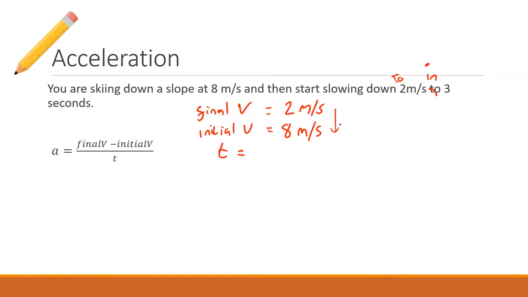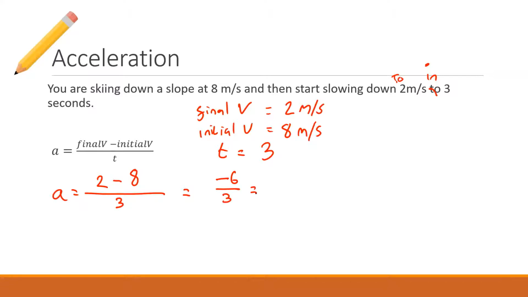How long did it take to go from this one to this one? 3 seconds. Beautiful. So now if I want to calculate my acceleration, all I need to do is: a equals my final speed, which is 2, minus my initial speed, which is 8, divided by the time, which is 3. 2 minus 8 is negative 6 over 3.